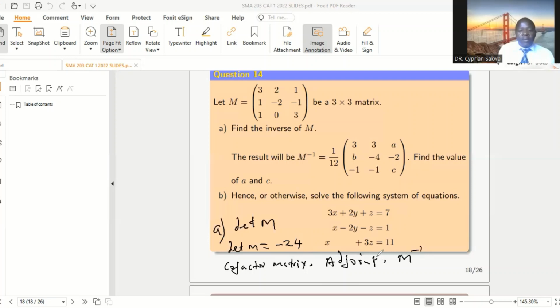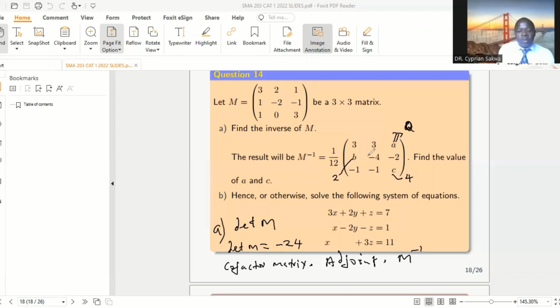And what will you find? You'll find this thing, only that A will be 0. When you do it, A will be 0, and C will be 4. B will be 2.